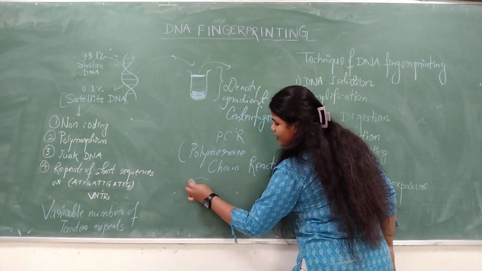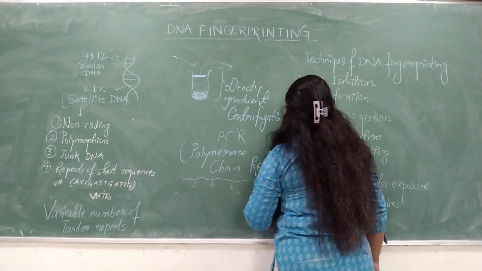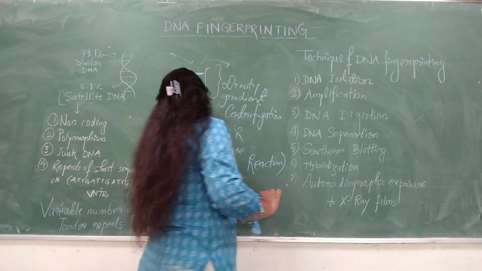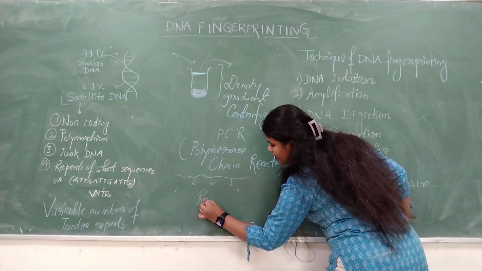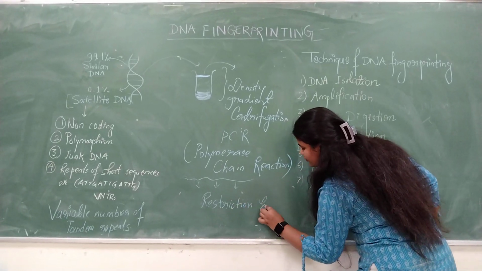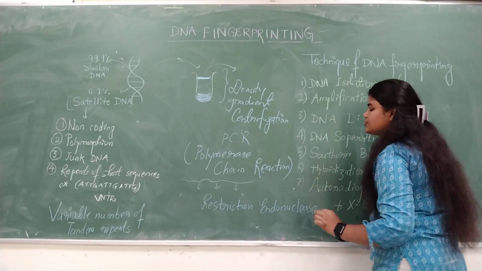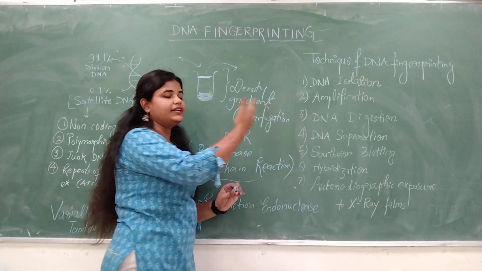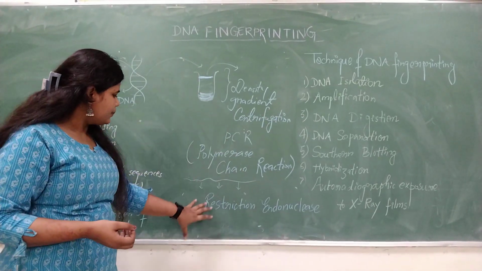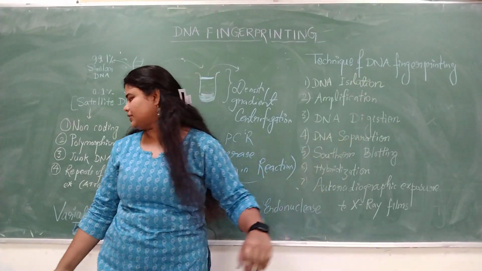The whole DNA is broken down into small fragments through restriction endonuclease. Restriction endonuclease is used for DNA digestion. As we have made small fragments of the DNA, we will move towards DNA separation.